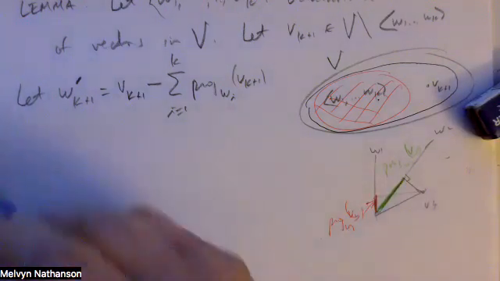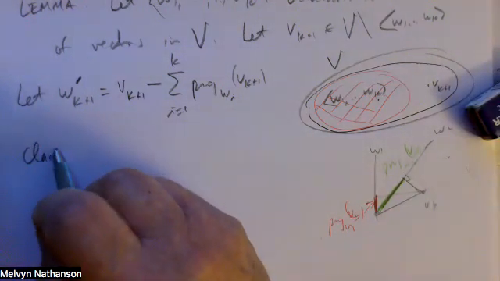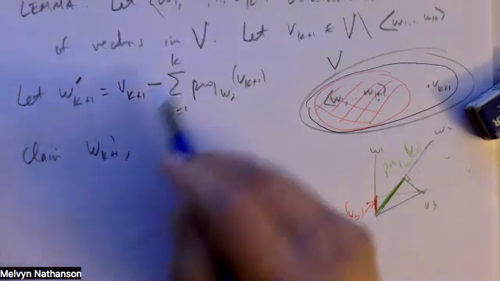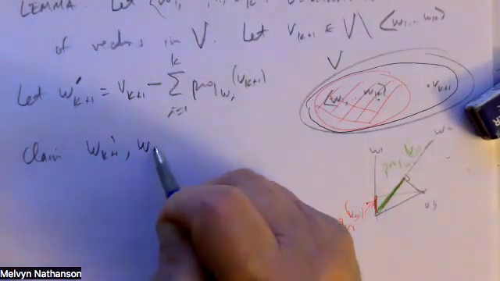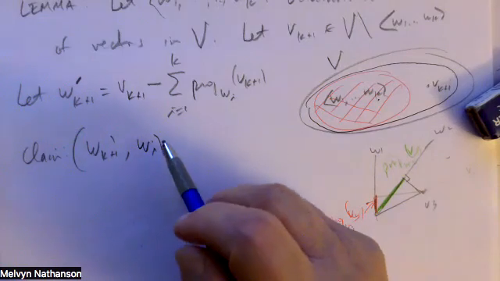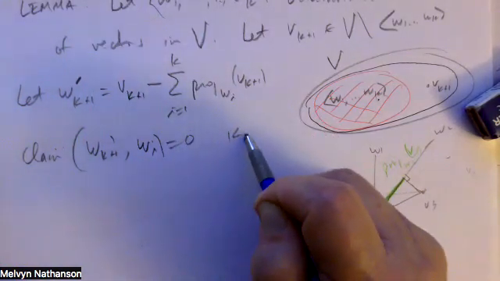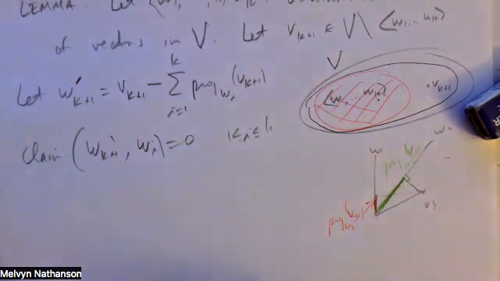And first of all, I'm going to claim that w_{k+1} prime is perpendicular to all of the vectors wi in the original set. This is 0 for i between 1 and k. And how do we prove that?